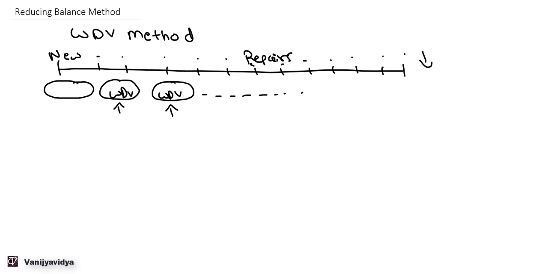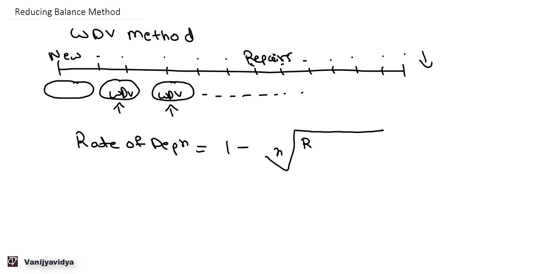Now say if the rate of depreciation is not given, there is one formula to calculate rate of depreciation for WDV, that is 1 minus nth root of residual value upon cost of asset, into 100.